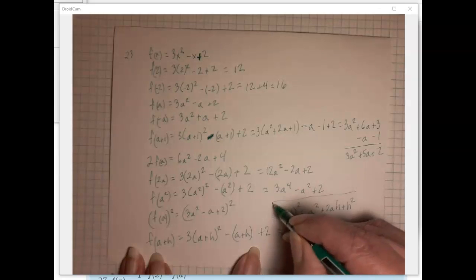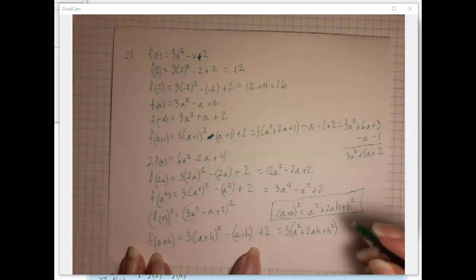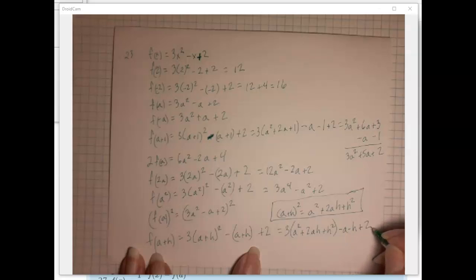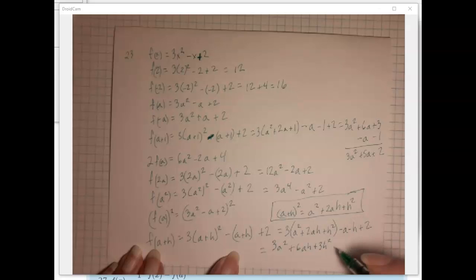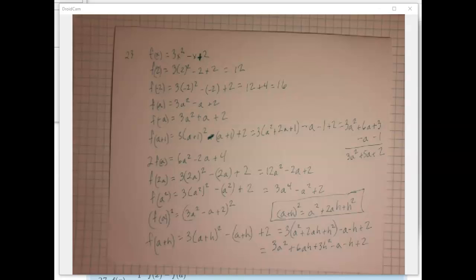It's actually a formula. Minus a minus h plus 2. So if I multiply through the 3, I get 3a squared plus 6ah plus 3h squared minus a minus h plus 2. And there's nothing I can simplify there.